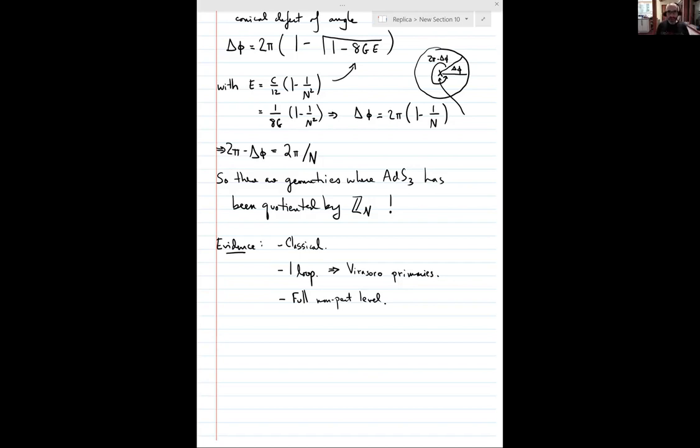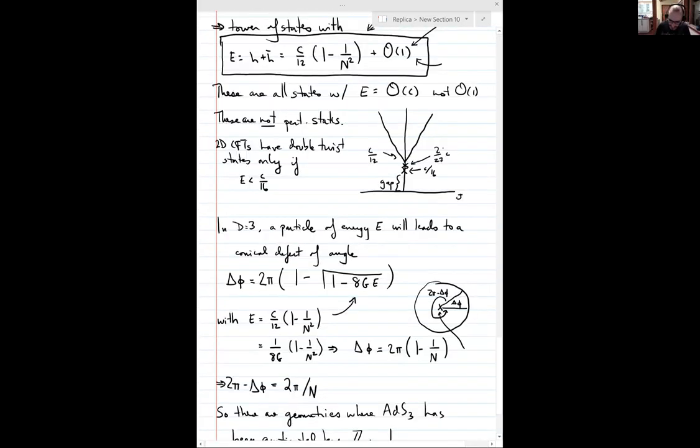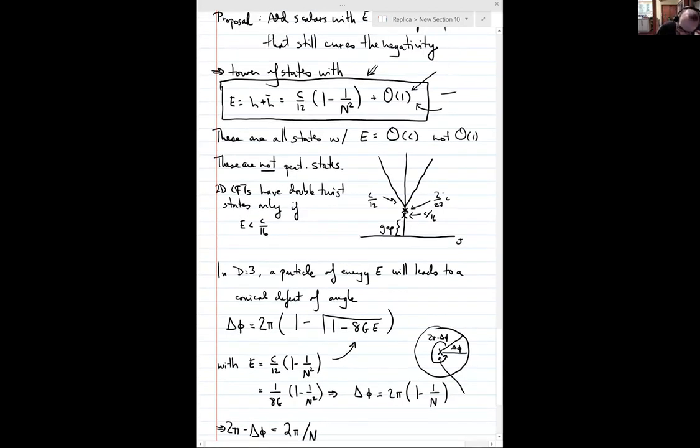Let me just comment on that for one minute. One objection that someone could have made to the proposal that we add these states to the partition function would be the following. You could say, well, if you're proposing that we add these states for every integer value of n, then clearly that makes no sense.